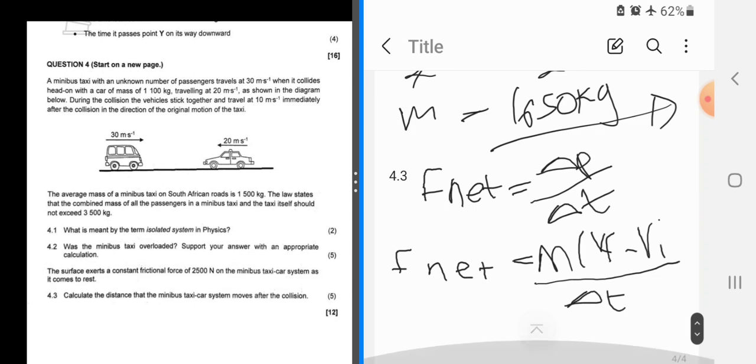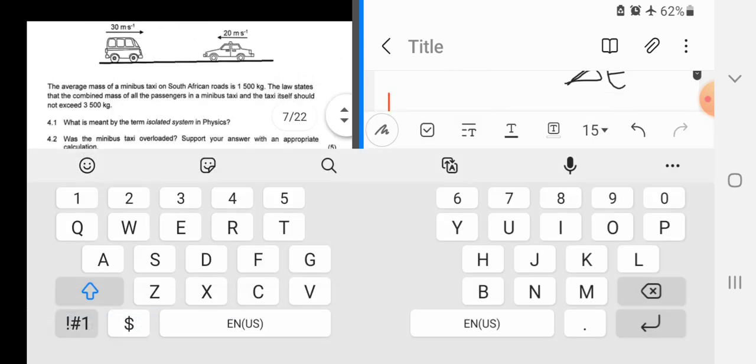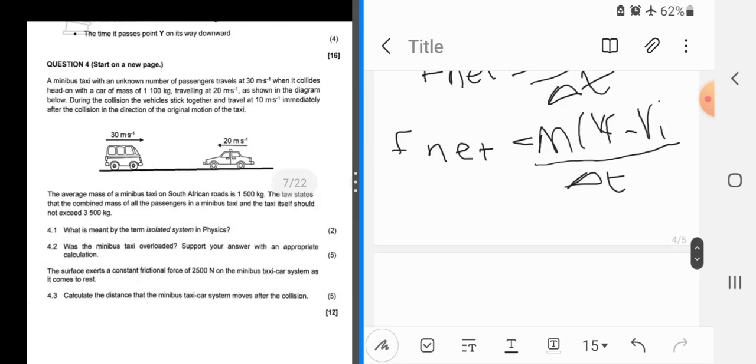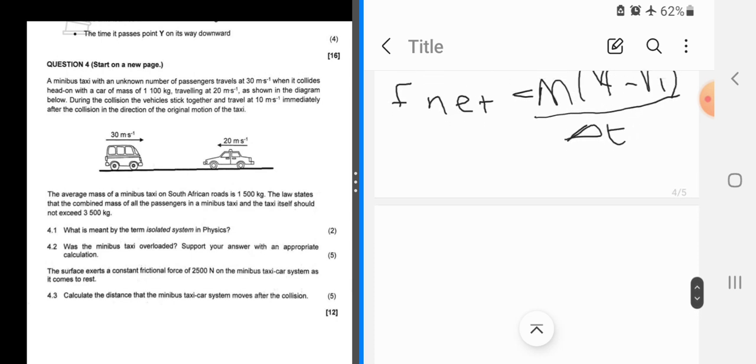So let me just do this to create some space. Now here it's m into final velocity minus initial velocity over change in time, and with that we are going to substitute.